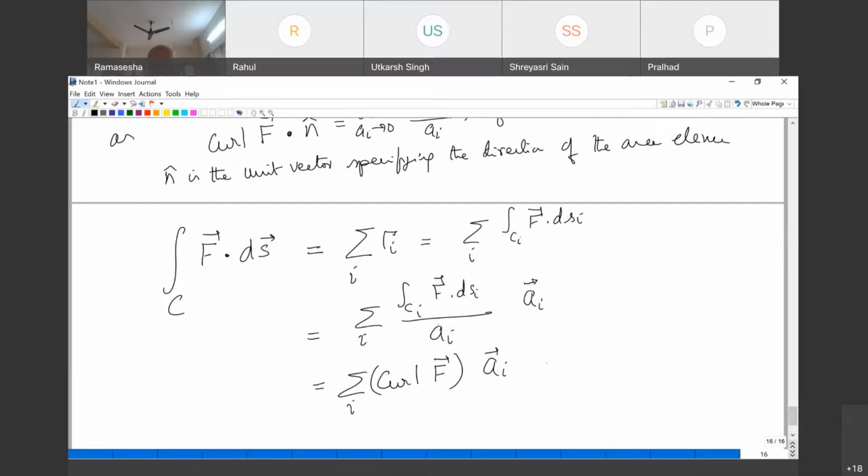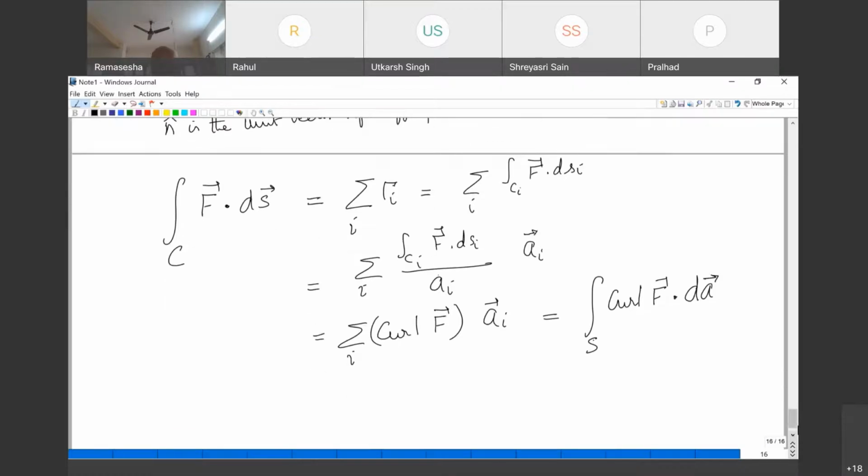Ai is a vector. This is equal to the integral over the surface area S of curl f dot dA.